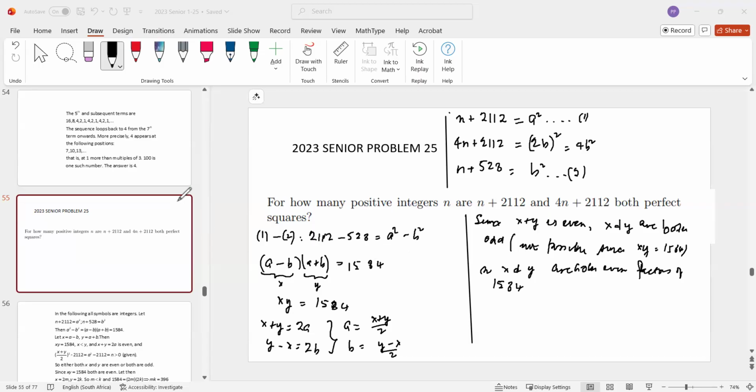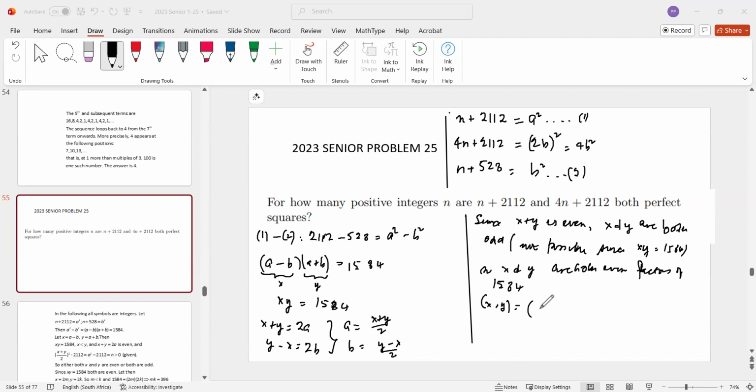Okay, now this is where I am at the moment. We have 1584, and we need to factorize this into two even factors to get xy. I want to multiply two even numbers to get to xy.